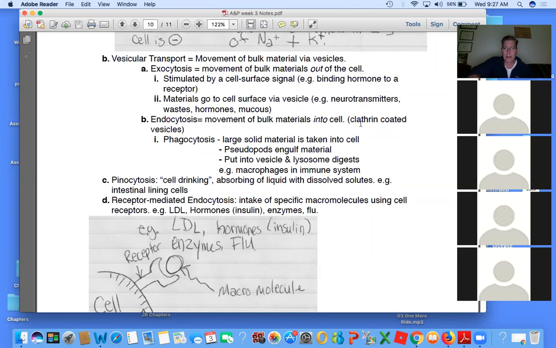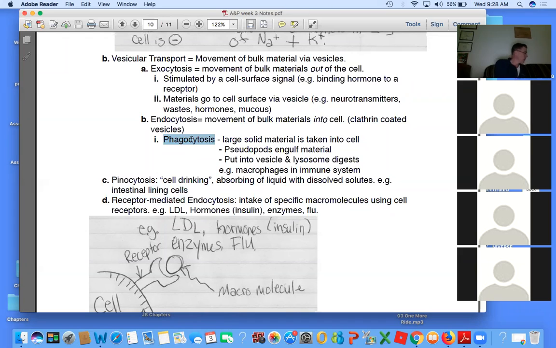You don't have to know about the clathrin-coated vesicles. That's getting too detailed here, so just cross that out. But what you should know are the words phagocytosis, pinocytosis, and receptor-mediated endocytosis. Phagocytosis is the gobbling of solid materials, and your immune cells act that way, and many of your cells act that way.